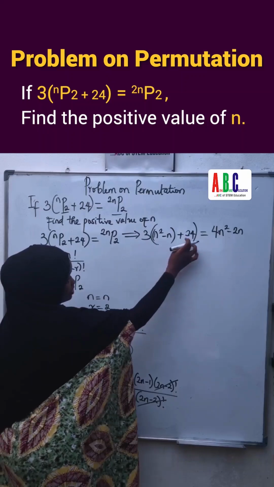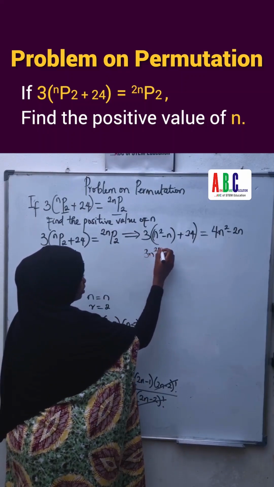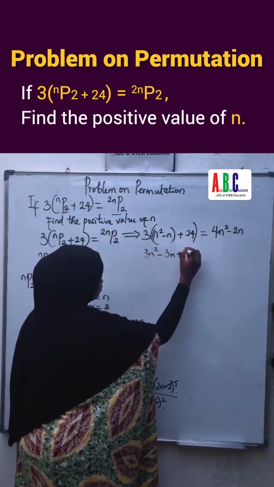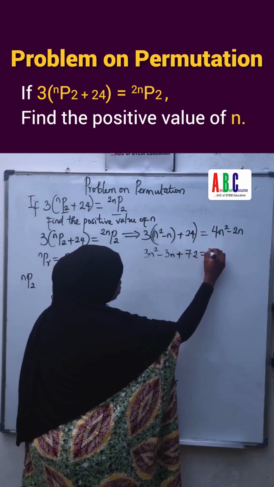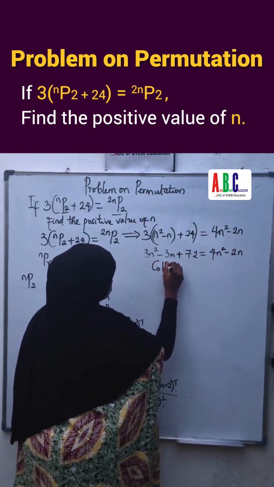This 3 here affects everything we have in the bracket. So 3 times n squared is 3n squared, minus 3 times n is 3n, plus 3 times 24 gives us 72, equals 4n squared minus 2n. So let's collect like terms.